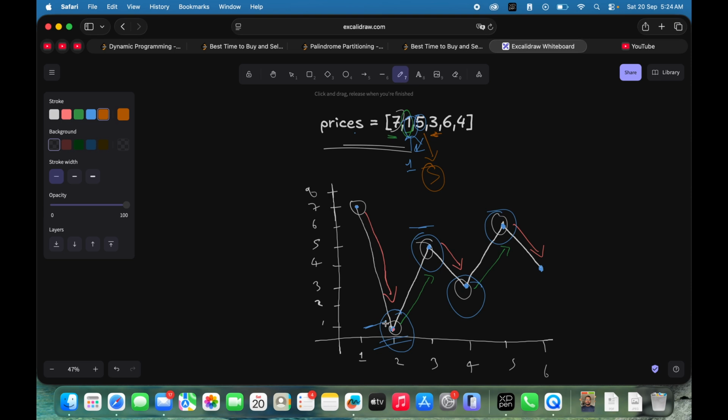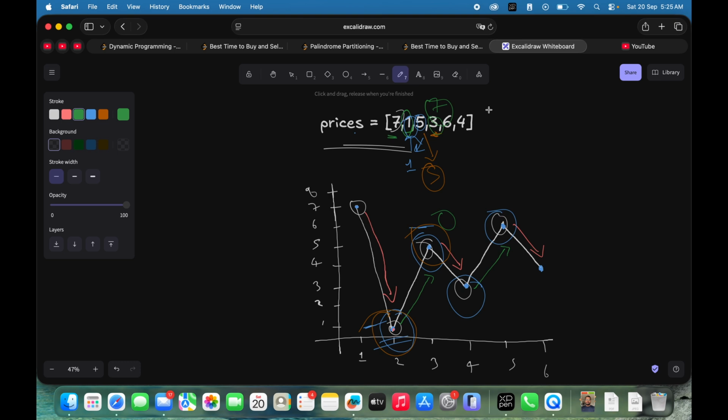So basically, I bought here, then I sold here at 5, then I again bought here on the same day. And right now the next price is 3, but if it was like 7, then I can buy again on 5, and on the next day I will simply sell on 7, making another profit.